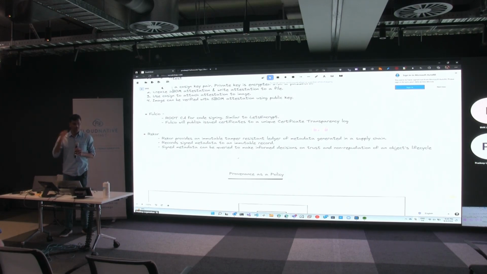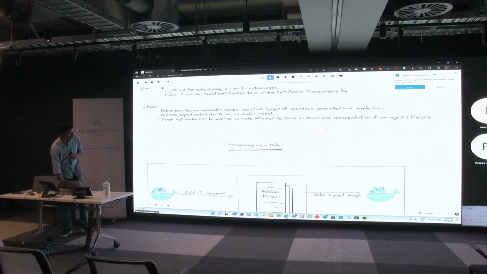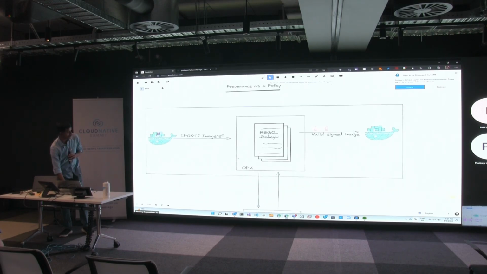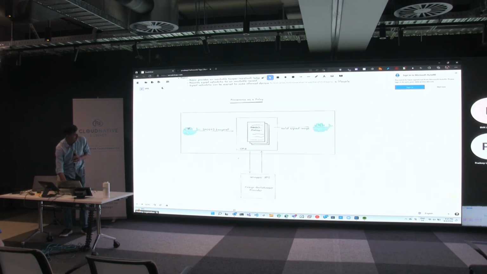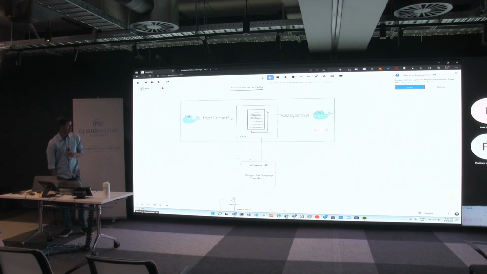How many people here are aware of OPA and Gatekeeper? Okay, OPA is Open Policy Agent. Gatekeeper is used to enforce policies in your Kubernetes cluster. So right now, we do have an option to provide provenance as a policy. There is a Cosign Gatekeeper provider.